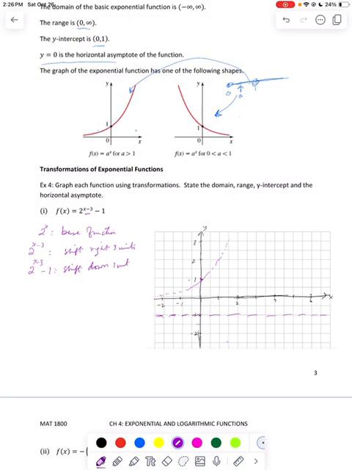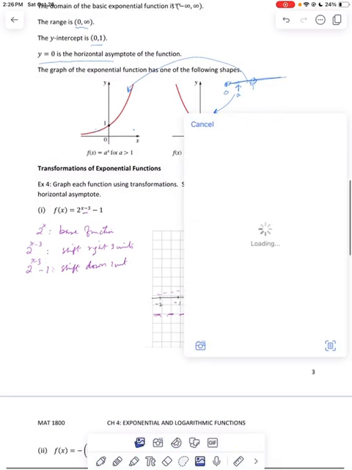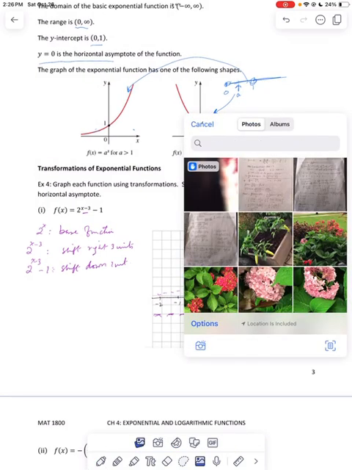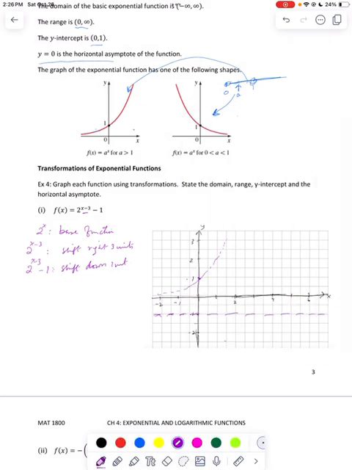What happens? All these 3 points, you can actually make a table of values for the first one. So for the base function, at -1, it will be 1/2. At 0, it will be 1. And at 1, it will be 2.